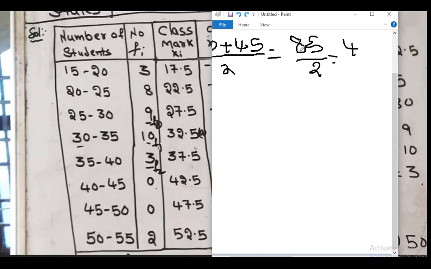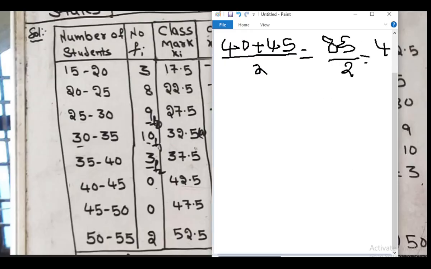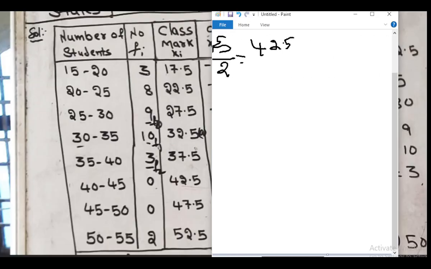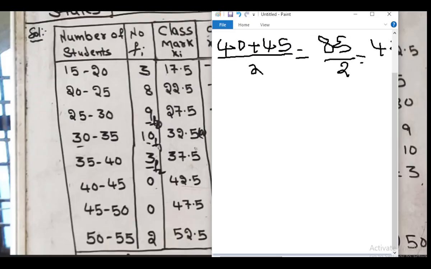Why? Because here 2 fours are 8, then 2 twos are 4, and 0.5. Then the 40 to 45 class midpoint is 42.5.